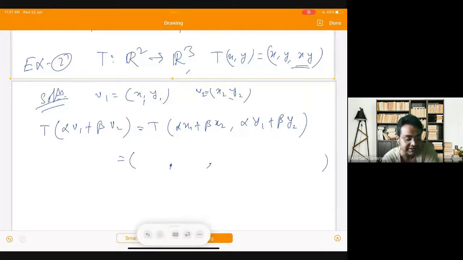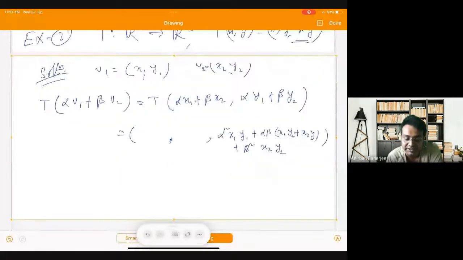So for the third coordinate in this case, you can complete the working at home, but when we find the third coordinate, this is alpha square x1 into y1 plus alpha beta times x1 y2 plus x2 y1 plus beta square x2 y2. So this is the third coordinate.